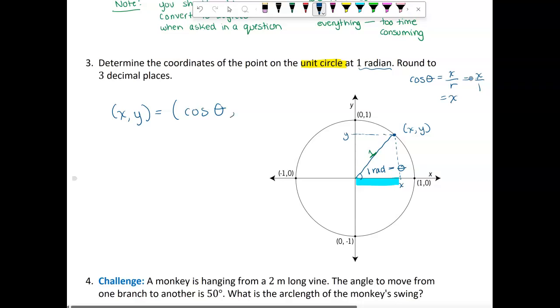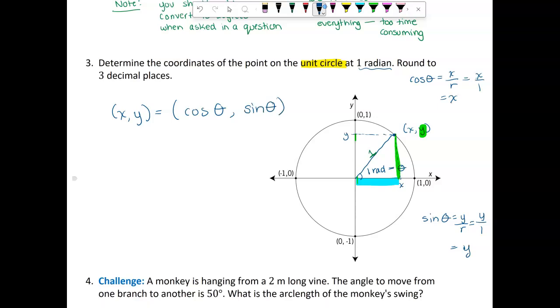Similarly, for the y measurement, we want this length here, which comes from the opposite side of our angle of 1 rad. The radius again is 1. Sine of theta is equal to y over r, and in this case it's y over 1 because it's a unit circle. So sine of theta is simply y.